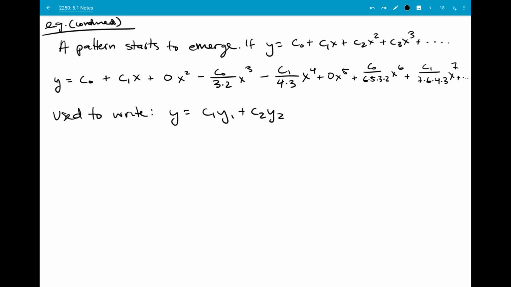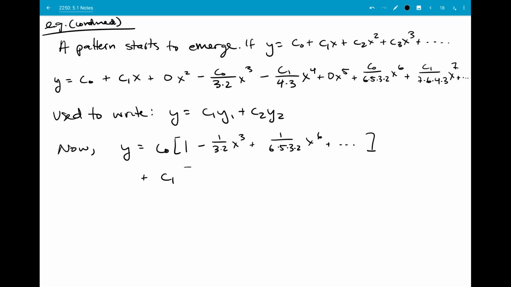So we can go ahead and write y equals c0 times 1 minus 1 over 3 times 2 x cubed plus 1 over 6 times 5 times 3 times 2 x to the 6th plus a bunch of stuff, plus c1 times x minus 1 over 4 times 3 x to the 4th plus 1 over 7 times 6 times 4 times 3 x to the 7th, and so on and so forth.